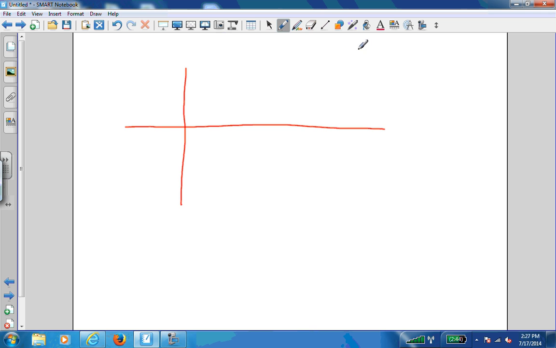If we look at the sequence 1 over n, when n is 1, we get 1. When n is 2, we get 1/2. When n is 3, we get a third, a fourth, a fifth. And notice as we go, we're working our way closer and closer to 0.